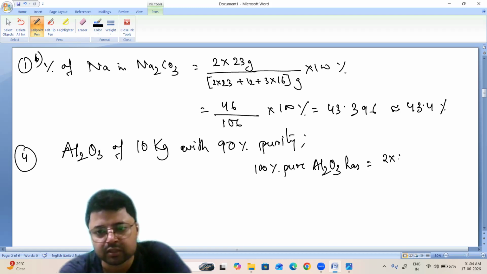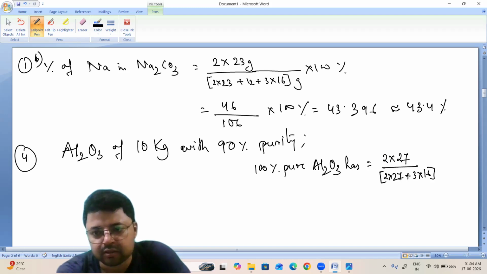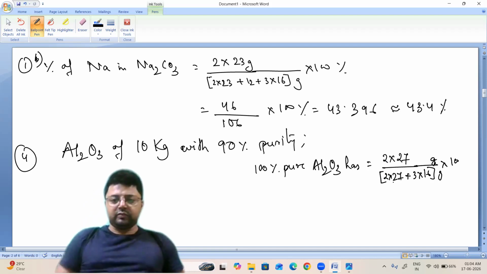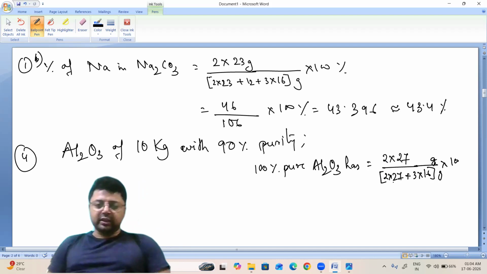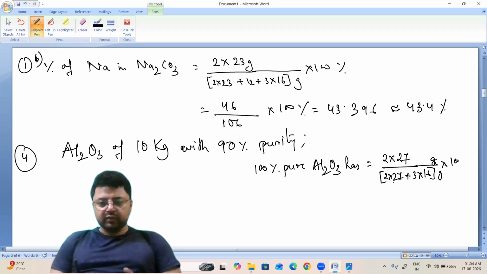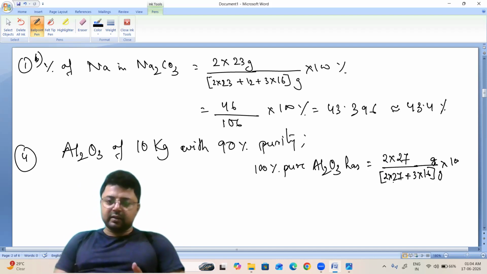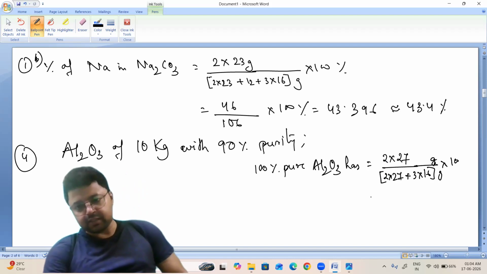Aluminium is 27. So 2 into 27 divided by 2 into 27 plus 3 into 16, times 100. So 2 into 27 means 54. 54 plus 48 means 102.